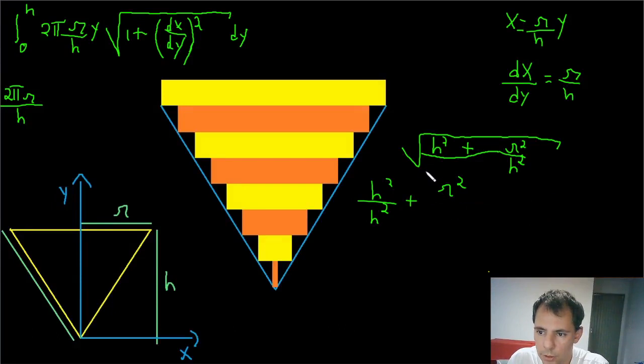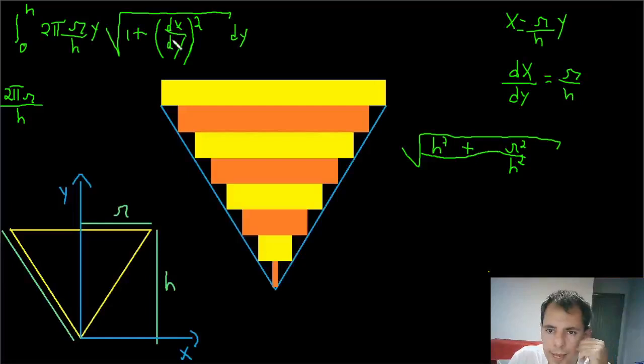Okay, so I'm going to undo this mess in here. So this equals that. But see what you can do here? You have the square root of a fraction, so you can take the square root of the numerator divided by the square root of the denominator. What is the square root of the numerator?